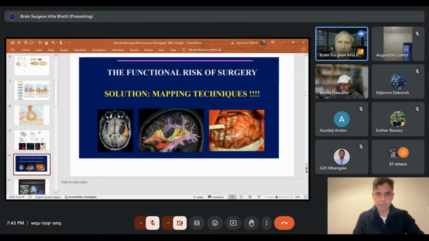And now, with the help of invasive or non-invasive ways, we can map out the different fiber tracks, the white matter tracks, which are the axons. And this is how we can have an idea of where the important part of the brain is.